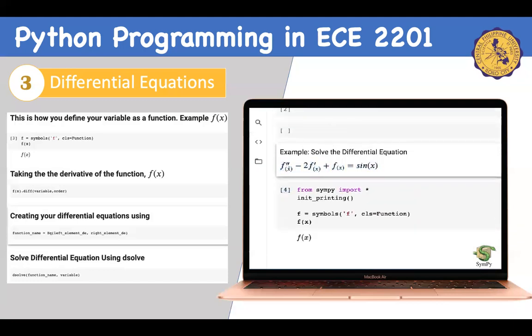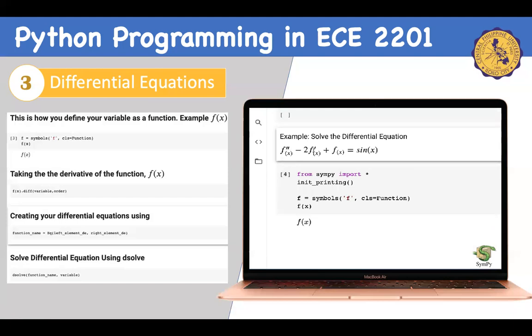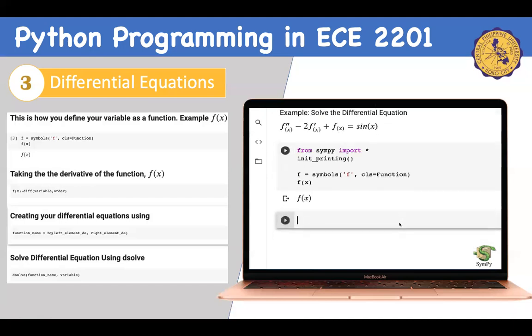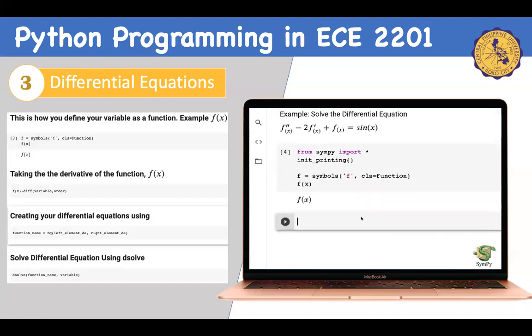Let's try. By typing f of x, you will see your beautiful f as a function of x. Now, let's take the derivative. I want to take the differential of f of x. Let's say f of x dot diff, x. That's the first derivative of f of x, with respect to x.